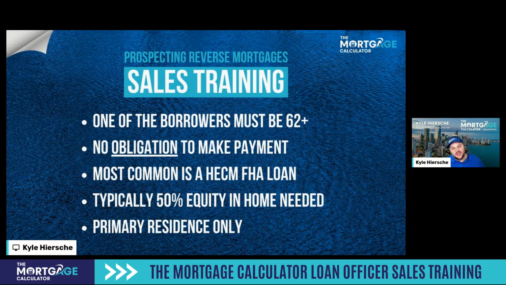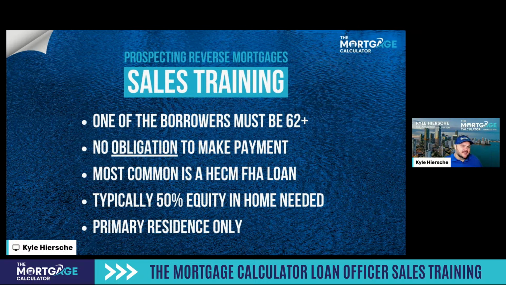So typically 50%, give or take, equity needed. There's got to be enough meat on the bones there for them to lend out the money, not require you to make a payment, and for that to essentially eat away at the equity, right? But the equity's got to be there from the beginning. Again, last thing, primary residence only.